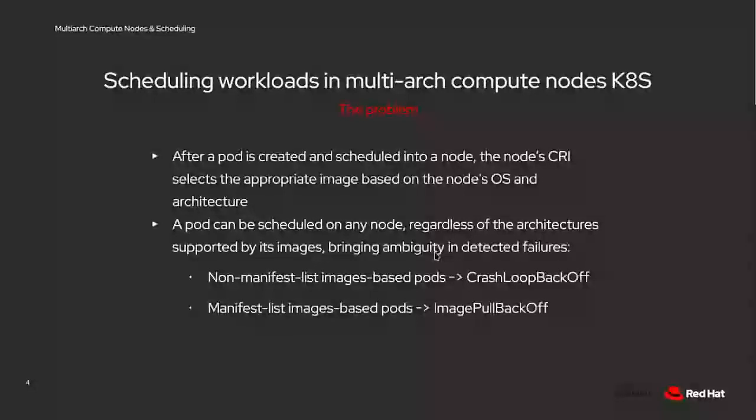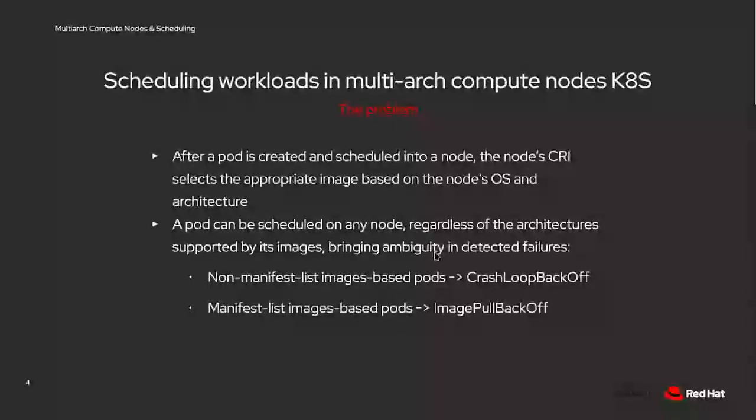Now, the problem is that once you schedule a pod in Kubernetes, the scheduler doesn't know which architectures are supported by that pod. And you can essentially end up in two different situations. You can end up in a situation where you have only a manifest, and that manifest will be tried to be run by the CRI. If you scheduled the pod onto the wrong node, you will end up in a crash back-off.